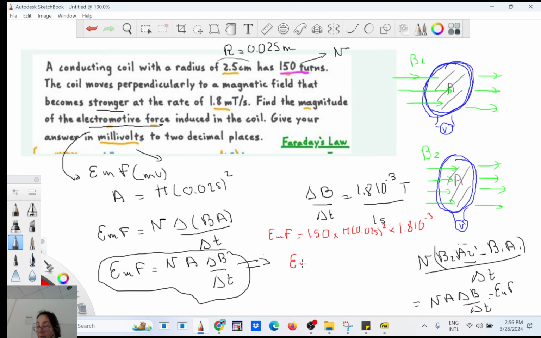So the EMF equals, so number of turns times the area times the rate of change, right? So it's going to be, very good.